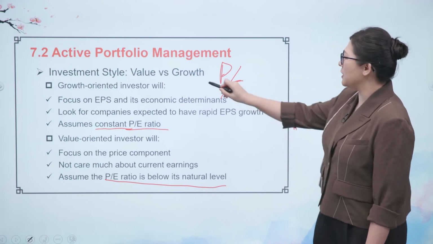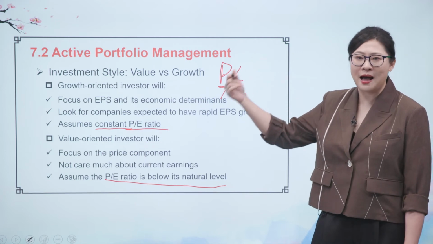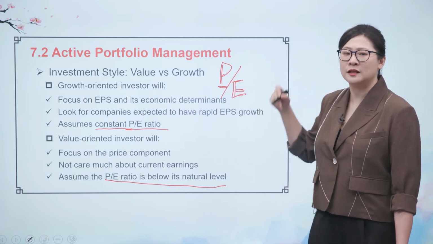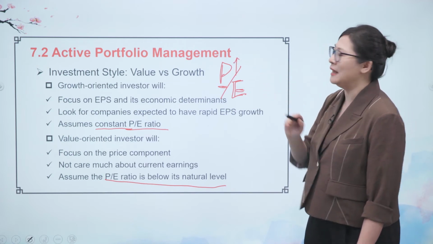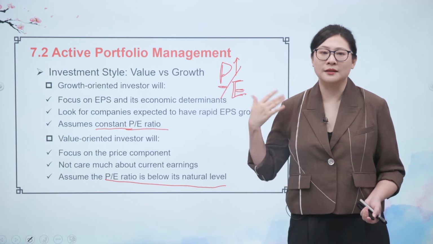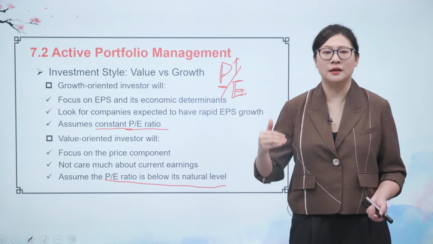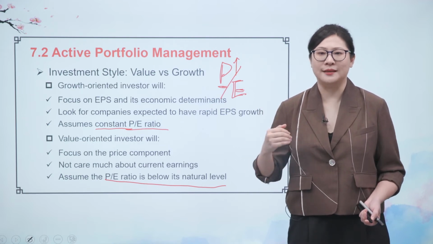So if it is below the natural level, in the next period definitely it will go back. It's mean reverting. So if it goes back, the price definitely needs to go up. So that's the intuition behind these two methods, the growth-oriented and value-oriented, to select the stock.